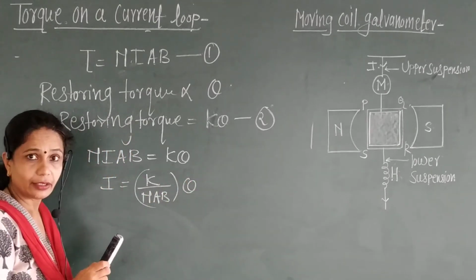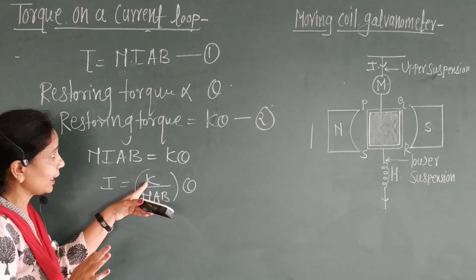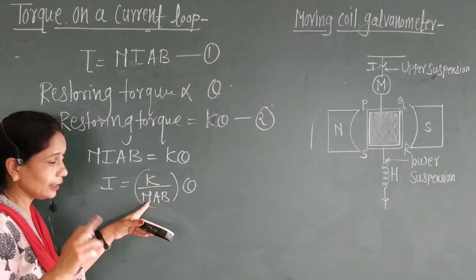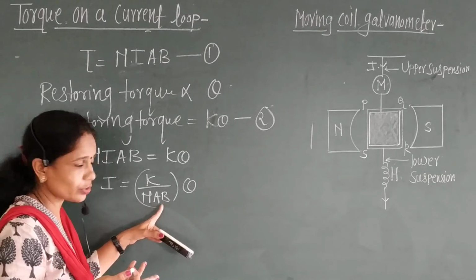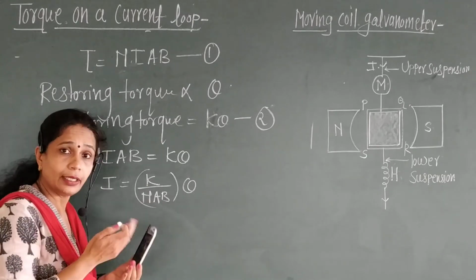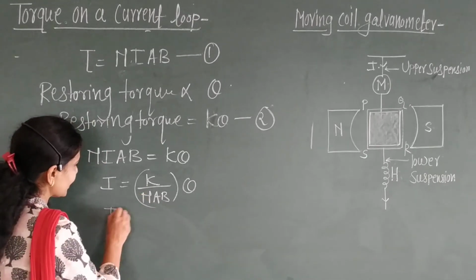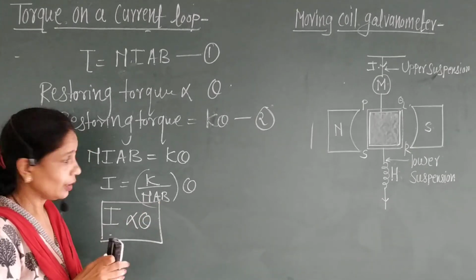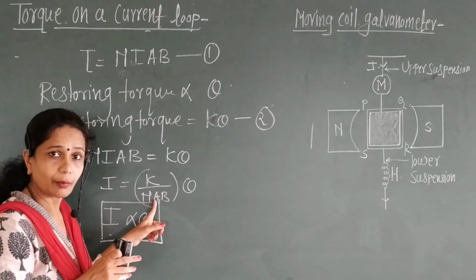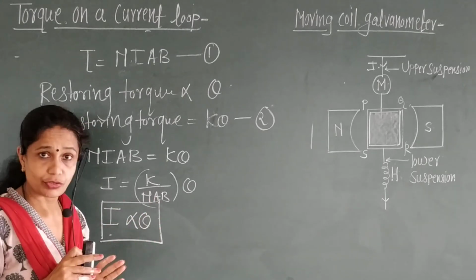See these bracketed terms, they are all constant. K is the restoring constant, N is the number of turns, its value is constant, A is the area of the coil, it is constant, B is the value of the magnetic field, it is constant. Therefore, we can say that I is directly proportional to theta if K upon NAB is constant.